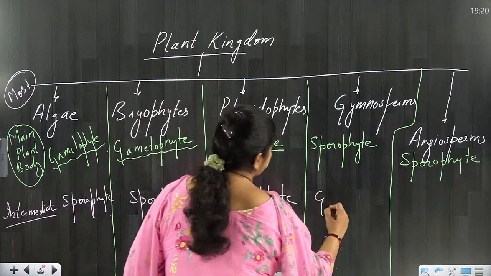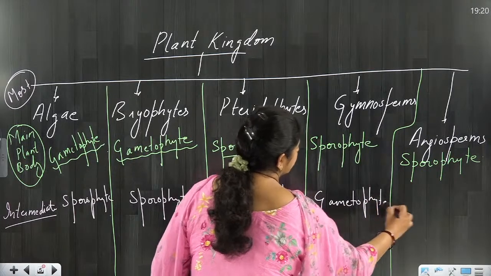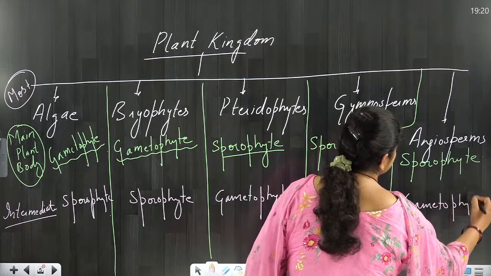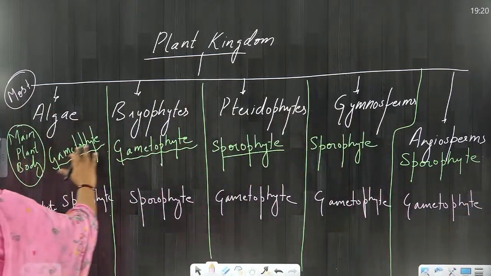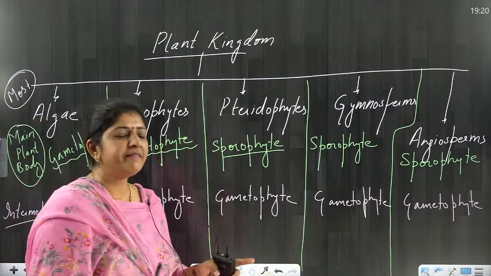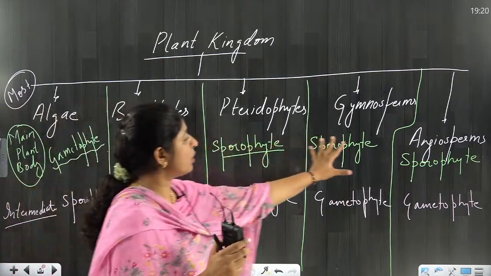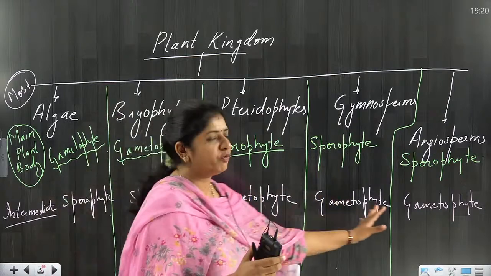And again gametophyte in Gymnosperms, and again gametophyte in Angiosperms. So you can see, whose main plant body is the gametophyte, in between the life cycle forms the sporophyte, and whose main plant body is the sporophyte forms a gametophyte in its life cycle.